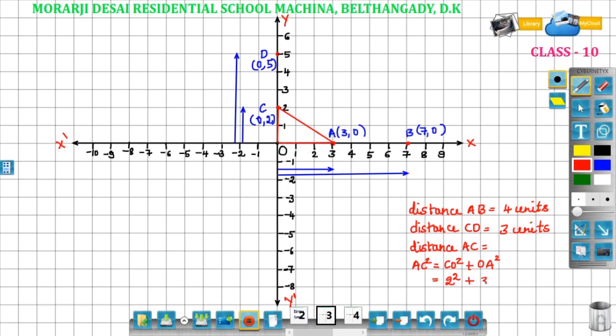Now distance OA is equal to 3, so 3 square, that is 4 plus 9 is equal to 13. AC square is equal to 13, so AC is equal to square root of 13. So distance between the points A and C, that is distance AC is equal to root 13 units.